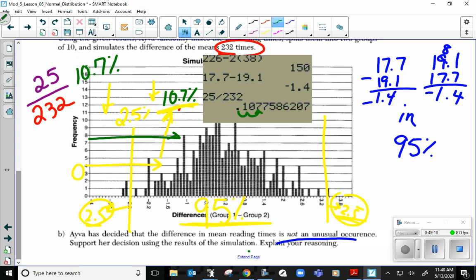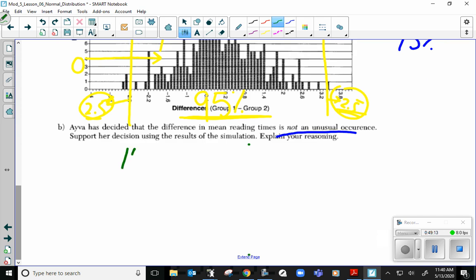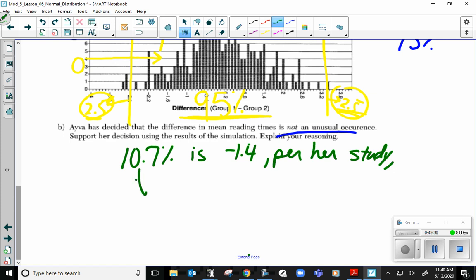You can just say 10.7% is our negative 1.4 per her study, and that is within the 95% common occurrence.